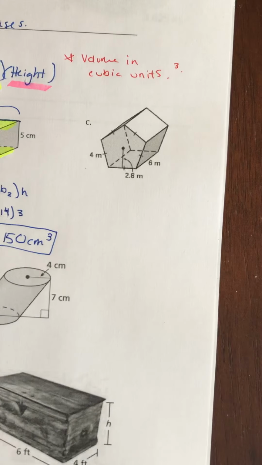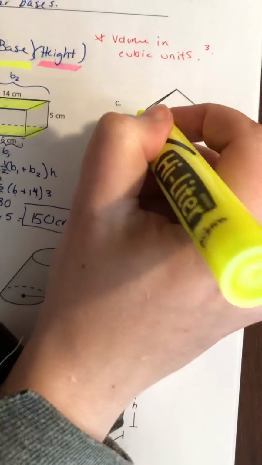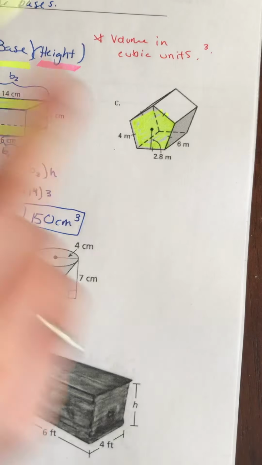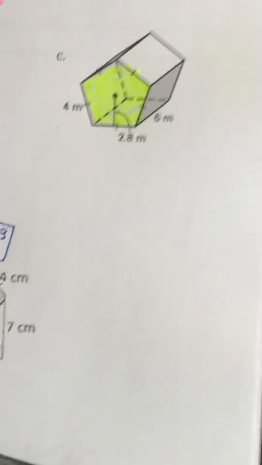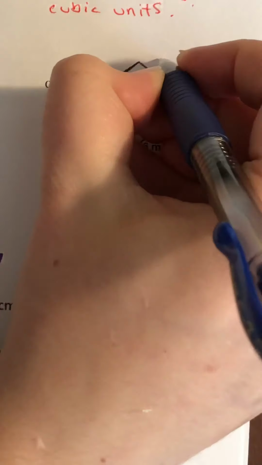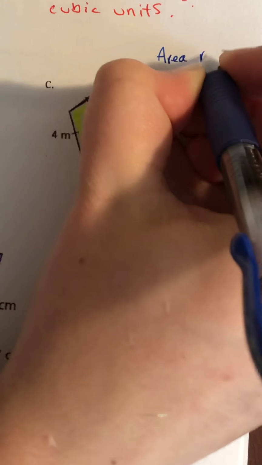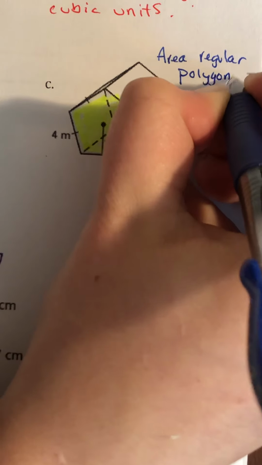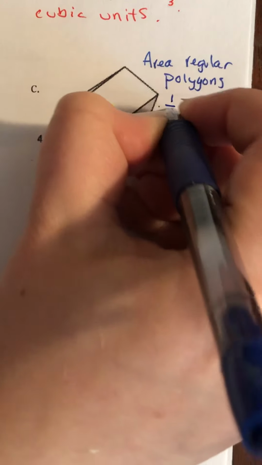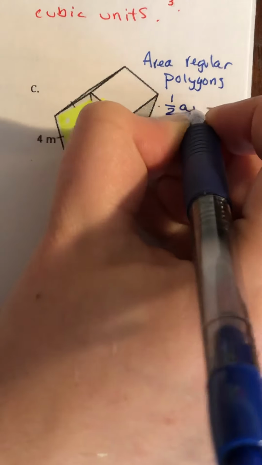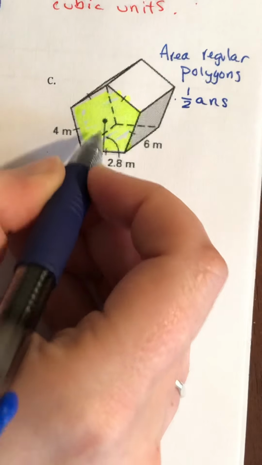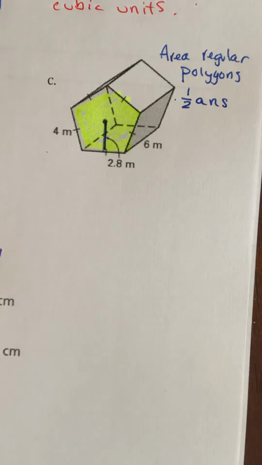And then this one is a pentagonal prism. So here's our base, and that's a height of 6. So the area of a regular polygon, which is what we did in 11.3, is 1/2 the apothem times the number of sides times the side length. So here they gave us the apothem.